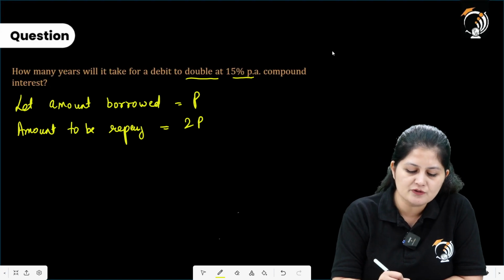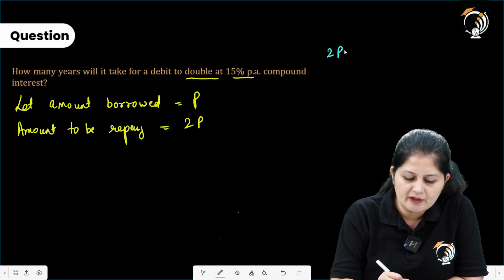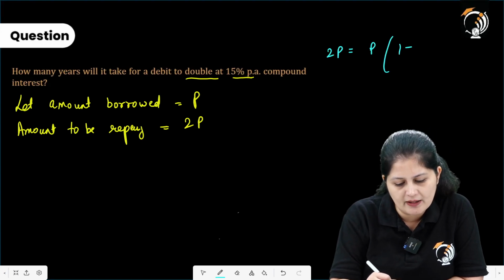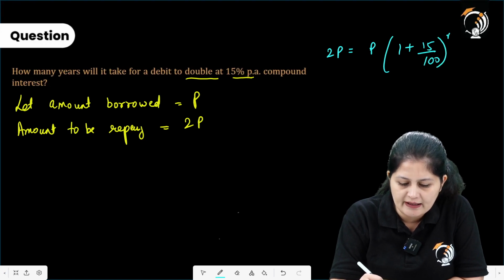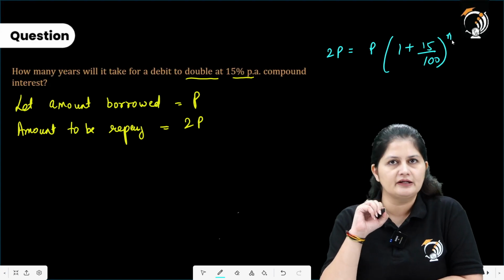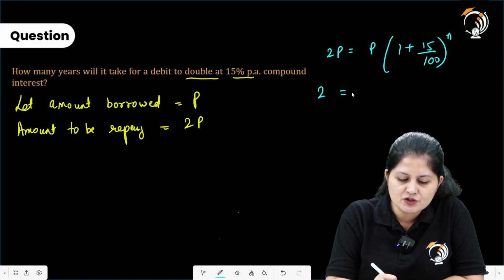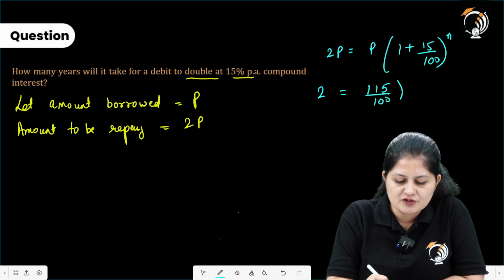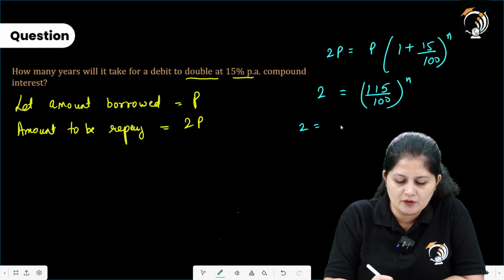So let's put these values in the formula, which goes as 2P equals principal times 1 plus the rate of interest over 100, raised to the power n, and we need to find the value of n here. So we divide by P on both sides. We get 2 equals 115 over 100 raised to the power n. Further, we can also write this as 2 equals 23 over 20 raised to the power n.